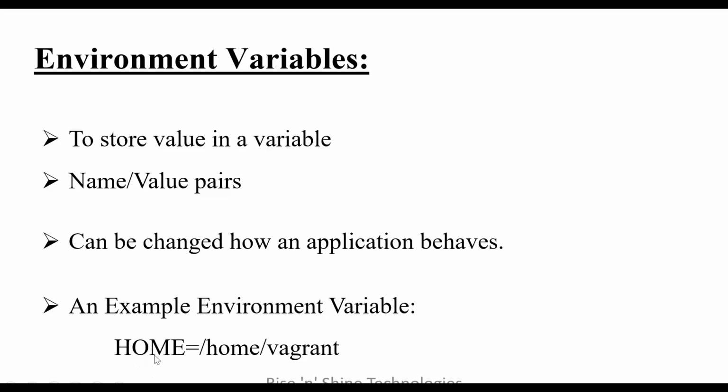HOME is a variable name which contains the current user's home directory. Whenever we use the tilde option or the cd command, in the background it uses this variable and changes the directory to it.